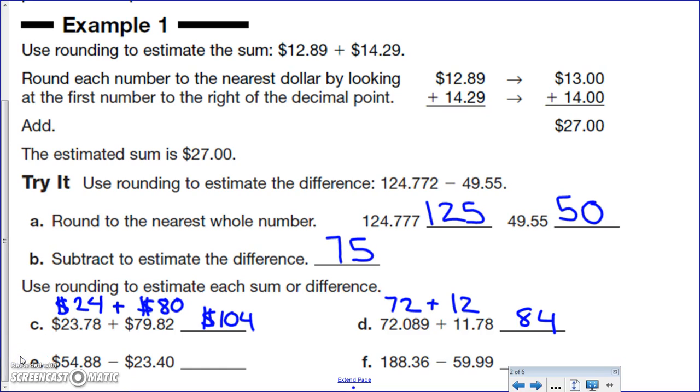For E, we're going to round $54.88 to $55. And we're going to round $23.40 to $23. Then we're going to subtract, so 55 minus 23 gets us $32.